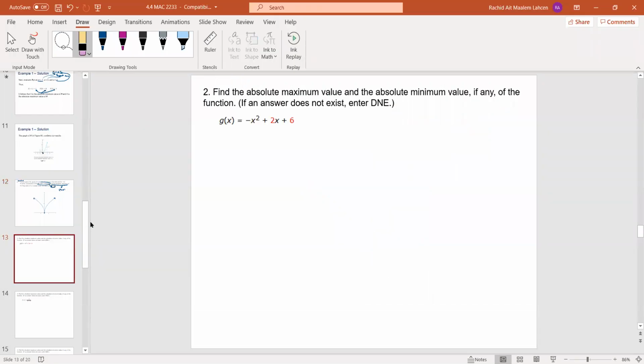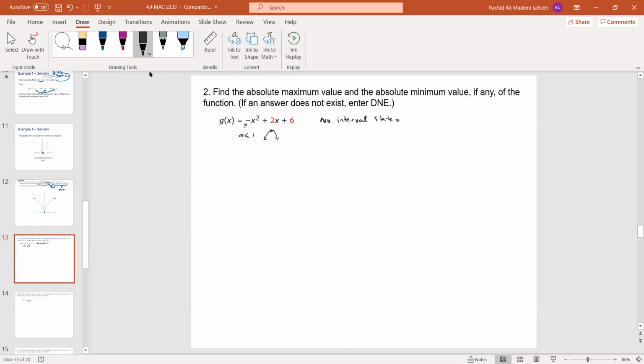For this question, find the absolute max and the absolute minimum, if any, for this function. For some functions it is helpful to go back to the background of algebra, and this is a parabola. We know that a is negative, so it opens down, and it's a parabola, so it only has a relative max and there is no relative min. There is no interval stated, so that's a note.